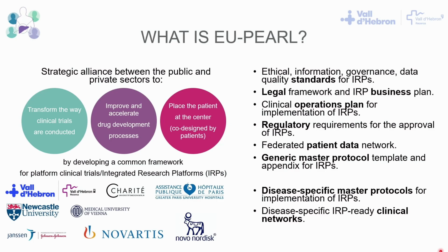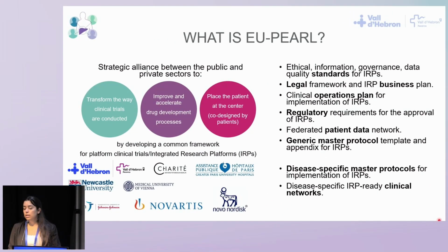In 2019, a consortium of 35 private and public stakeholders was formed, and so the UPearl project began. This was an alliance between the industry, academia and other stakeholders that wanted to transform the way clinical trials were conducted, to improve and accelerate the drug development process, and to place the patient at the center.